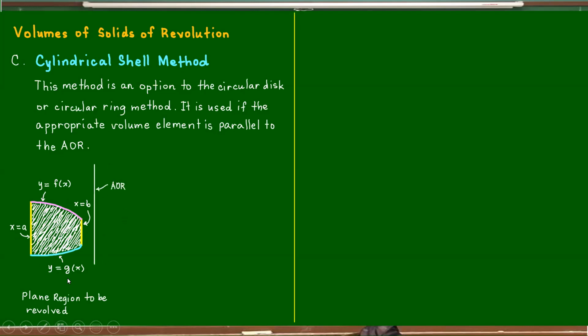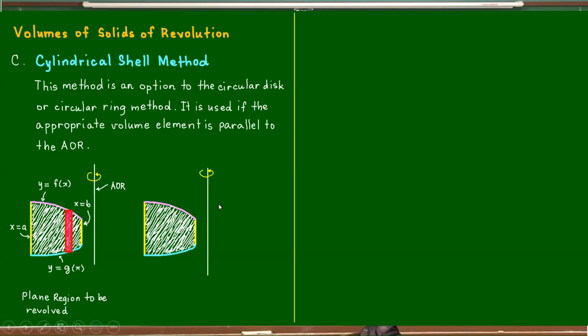If this is the type of region that is to be revolved about this axis of revolution, the appropriate element is vertical, parallel to this axis of revolution. When this region is revolved about this axis, of course, this area element will also revolve and will form a cylindrical shell. So let's see.